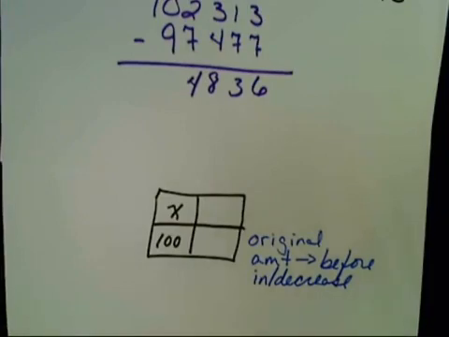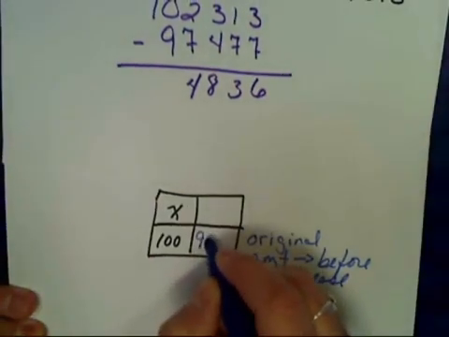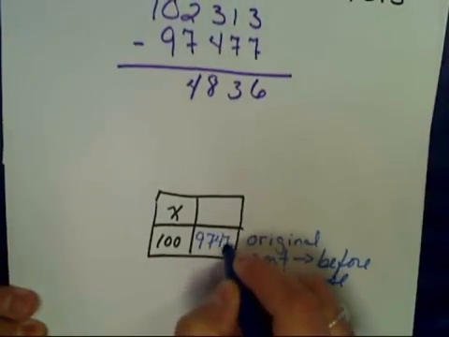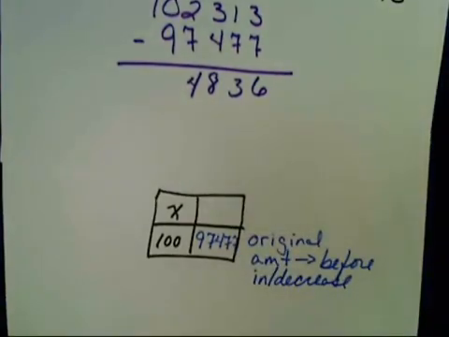So even though you think that you're going to use today's population of the 102,000, you're not. You're going to use the 97,000 because we're increasing from there. So in this problem, the of is going to be 97,477. In the is box is the amount that the increase or the decrease is.